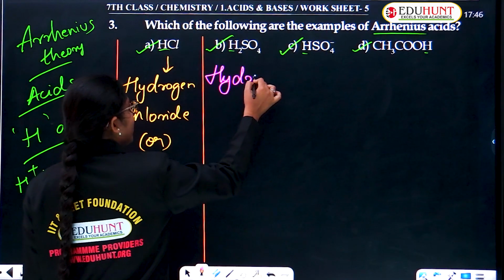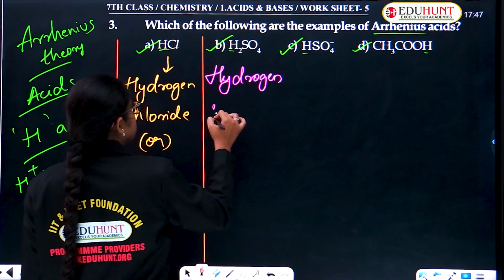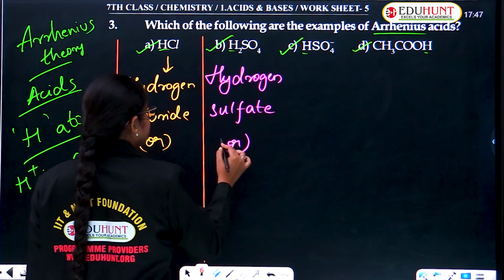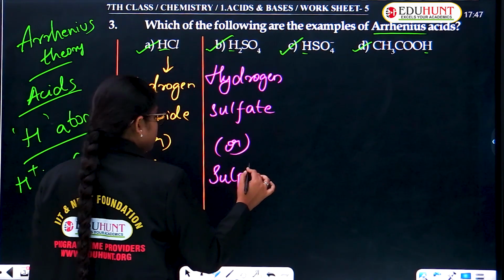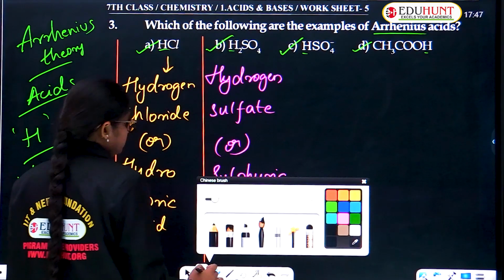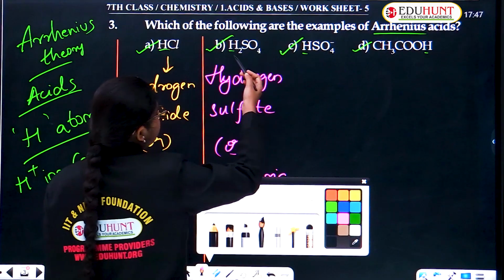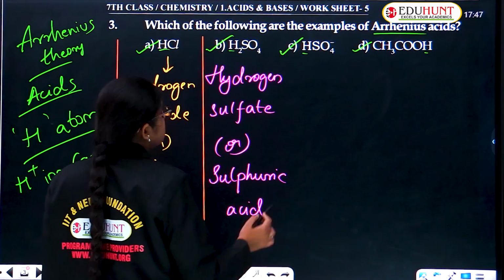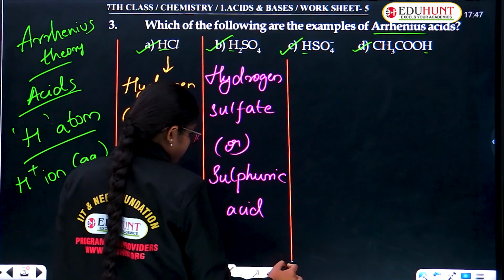Namely hydrogen sulfate or which acid? Sulfuric acid. Very good. Which acid? Sulfuric acid. This also has H, no? So that's the reason it is included in the concept of Arrhenius acids.